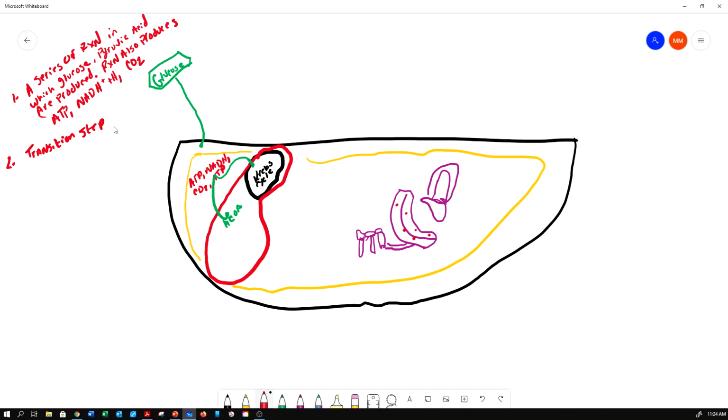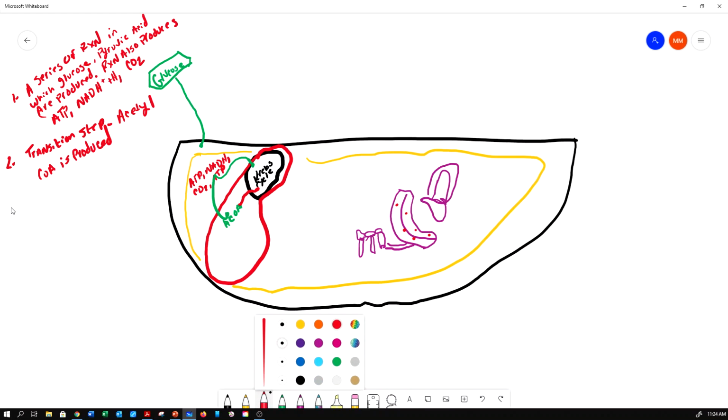So acetyl CoA is produced and now we're going to enter the Krebs cycle, which brings us to our third step. Step number 3.